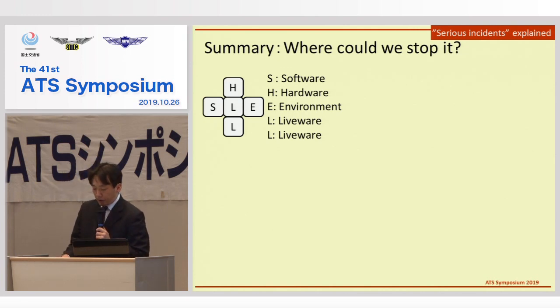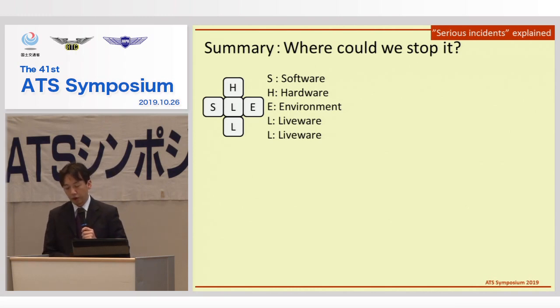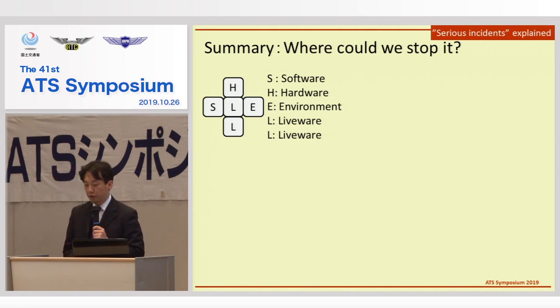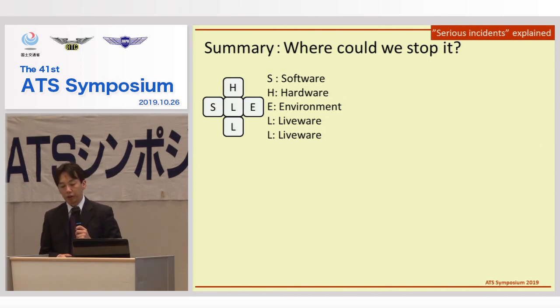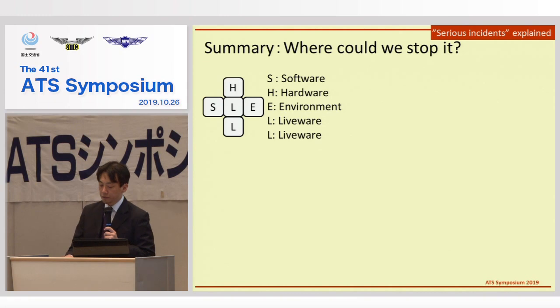We had a look at 5 serious incidents today. All of them were runway incursions. Almost every time serious incidents like these occurred, the Japan Civil Aviation Bureau took measures like improving the pilot control glossary or introducing runway entrance lights and takeoff hold lights.